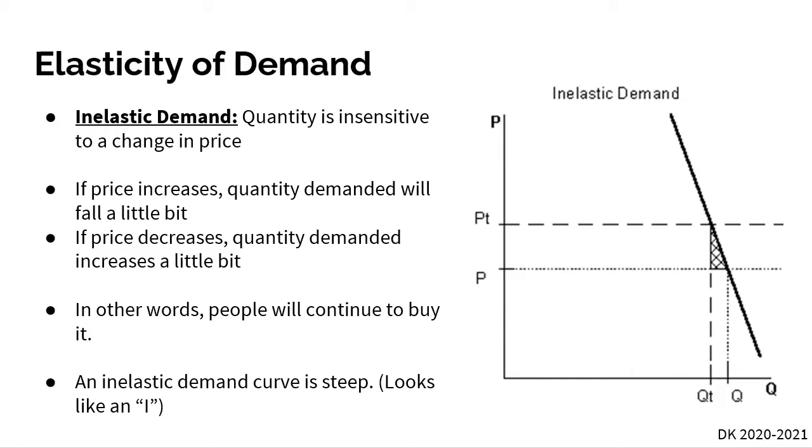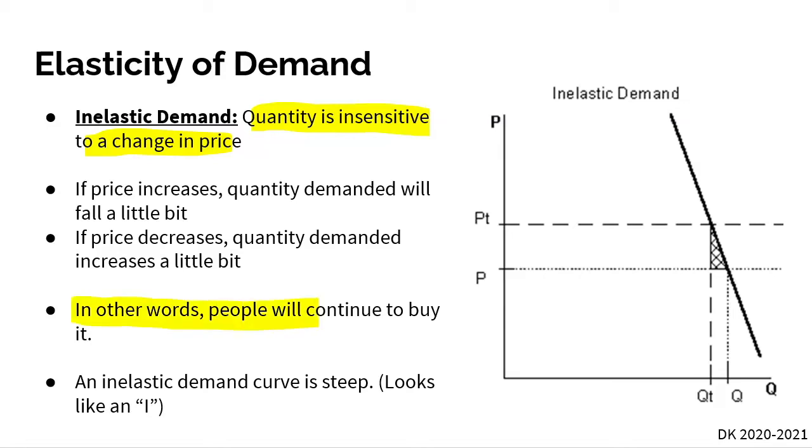Inelastic demand is just quantity is insensitive to a change in price. So all this is saying is that if there's a change in price, our quantity demanded is not going to change a lot. If all of a sudden the price increases tenfold, people are still going to buy that product. And that's what that fourth point is.